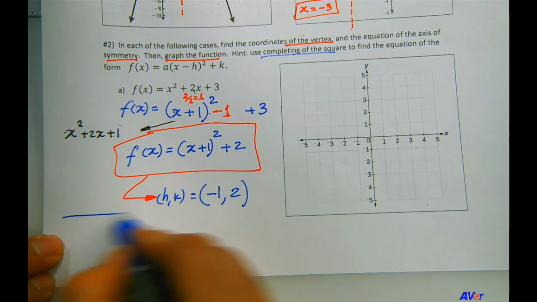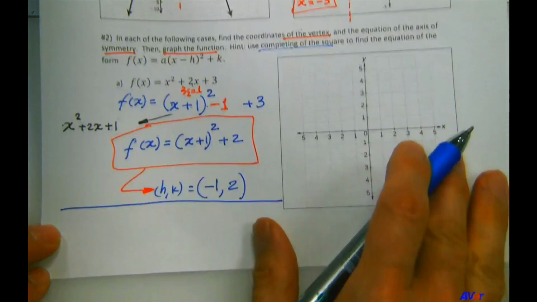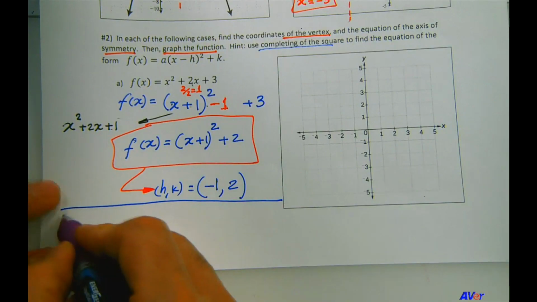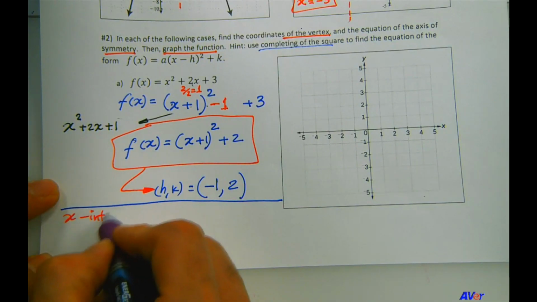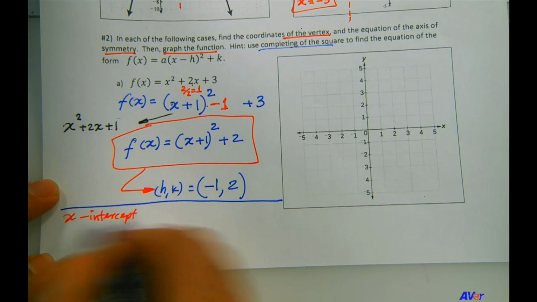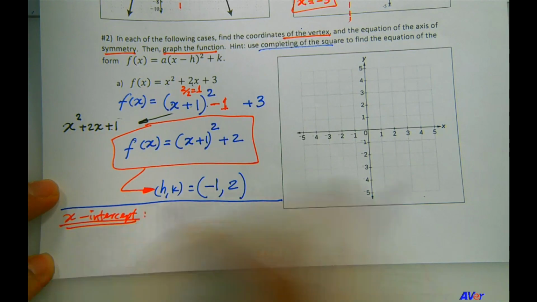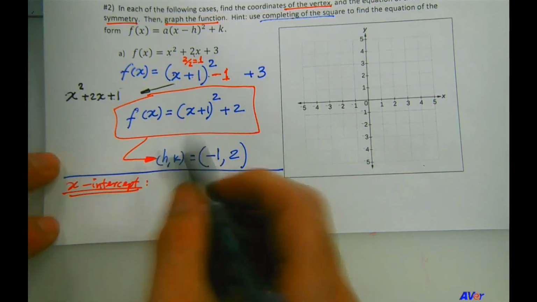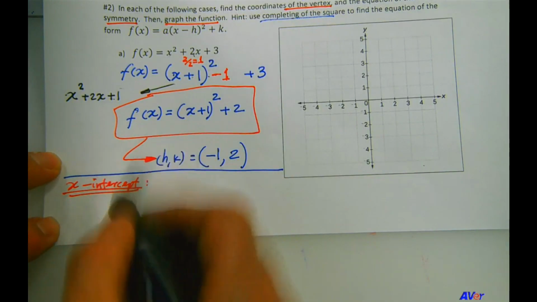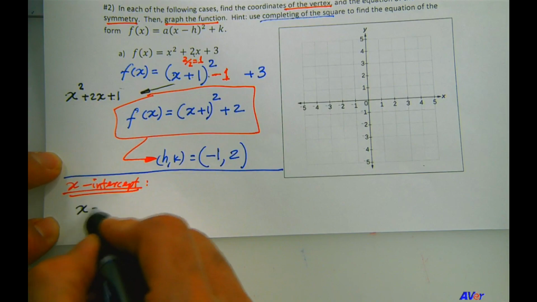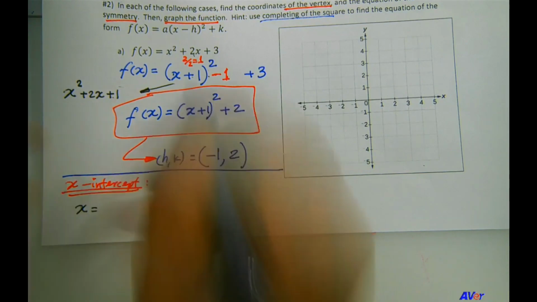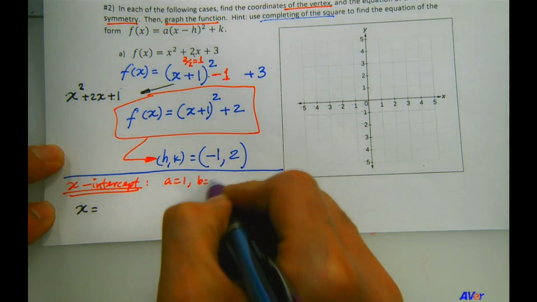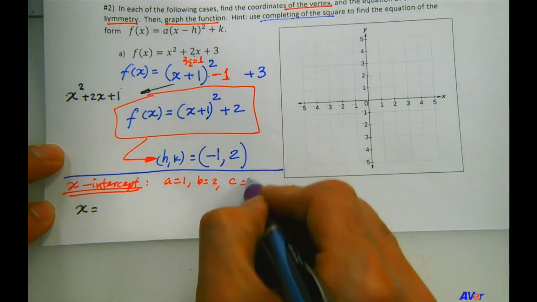So the y-intercept is the easiest to find, and I'll write it there. But now the x-intercept, we need to use the quadratic formula. So x equals, looking at that, a is equal to 1, b is equal to 2, and c is equal to 3, right?